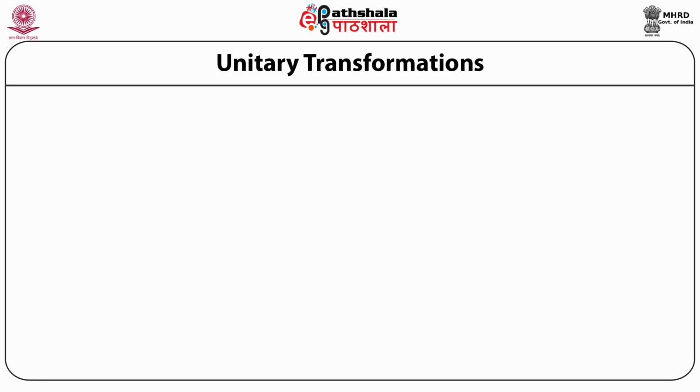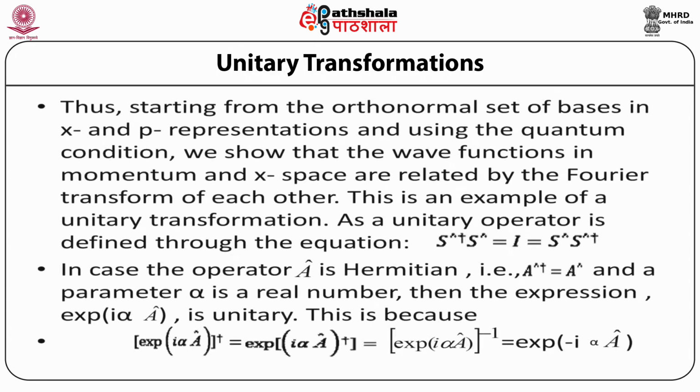Unitary transformations. Thus, starting from the orthonormal set of bases in the x and p representations, that is, in the coordinate and momentum representations, and using the quantum condition, we show that the wave functions in momentum and coordinate space are related by the Fourier transform of each other.